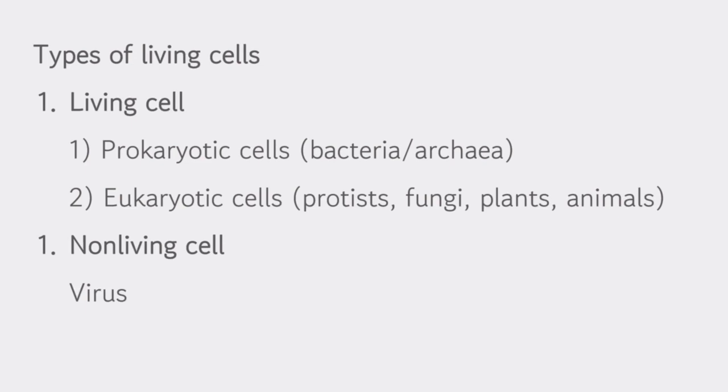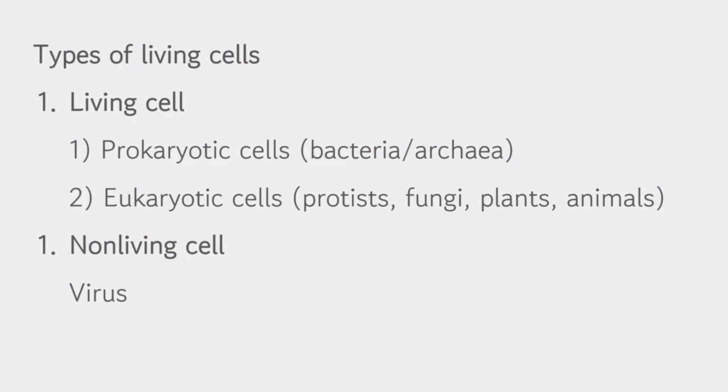And now let's see what's the type of living cell. There are two kinds of living cells, prokaryotic and eukaryotic. Bacteria and archaea are prokaryotes, and protists, fungi, plants, and animals are all eukaryotes.